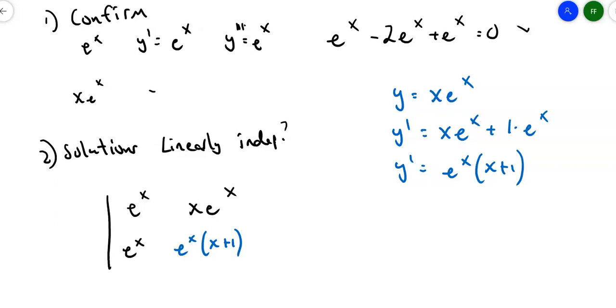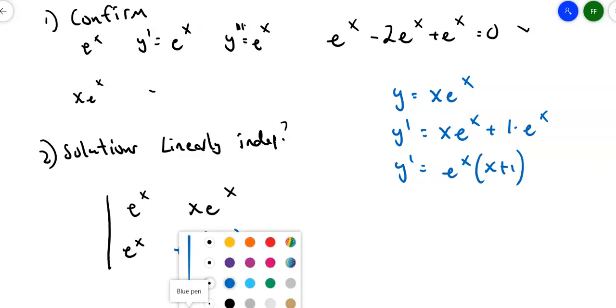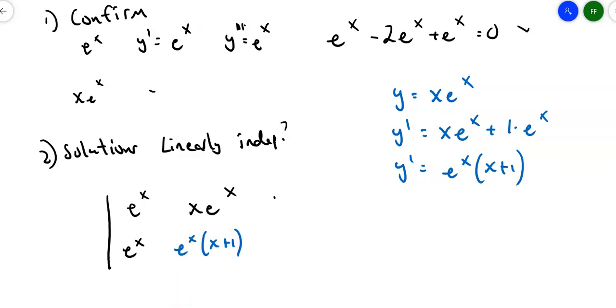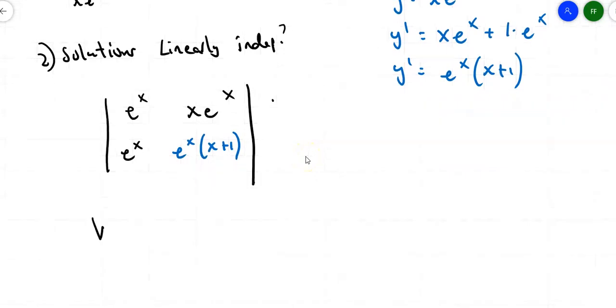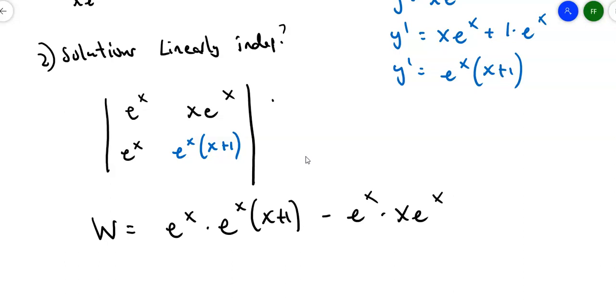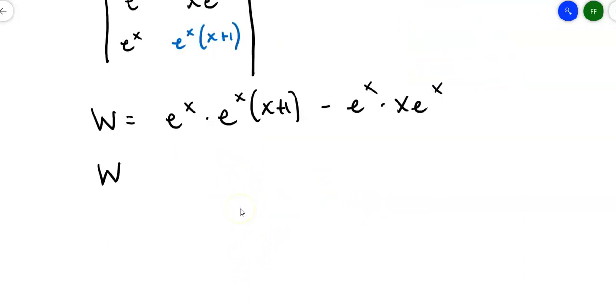All right, let's evaluate my Wronskian. When I do that, I'm going to get e to the x times e to the x times x plus 1 minus e to the x times x e to the x. Let's simplify this a little bit before we start making a bigger mess out of this, because it's really not that bad.